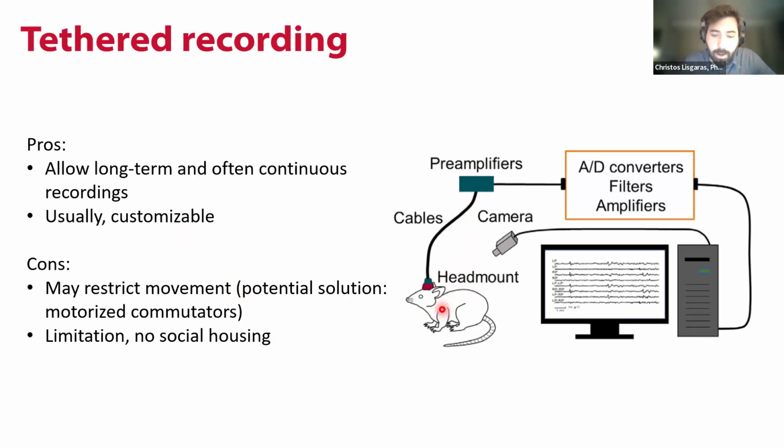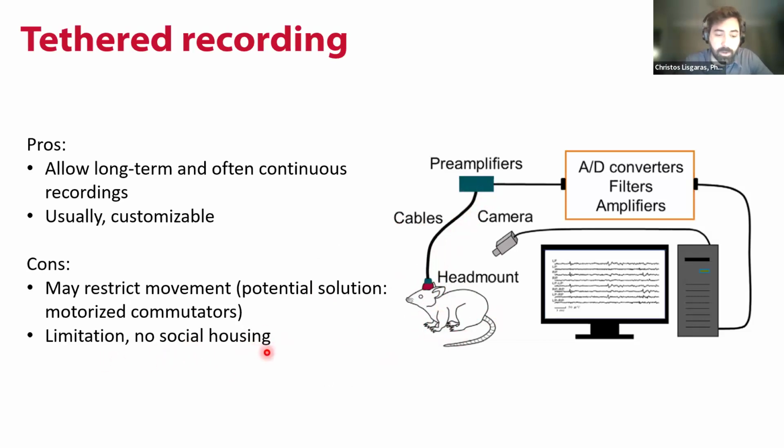But there are several solutions. One of them is to use motorized commutators that allow easier movement of the cables as the animal moves around the cage. But some of the limitations is that when the animals have cables, they cannot usually be housed with other animals, because non-implanted mice may compromise the equipment of the tethered animal.